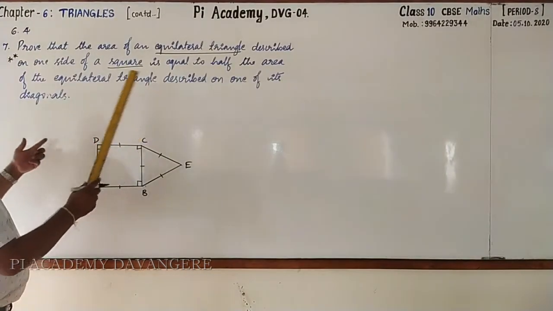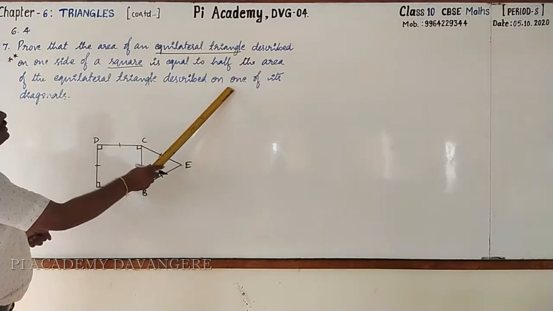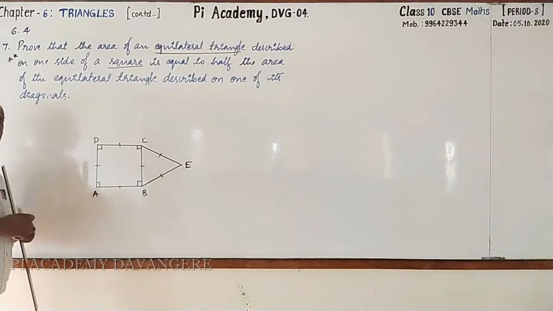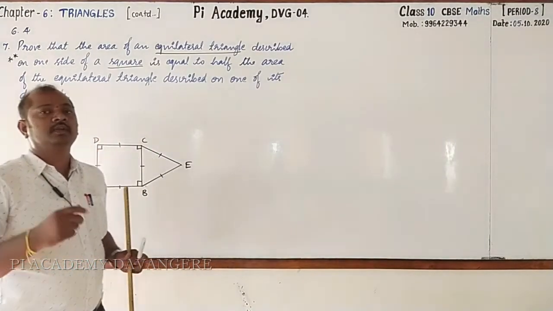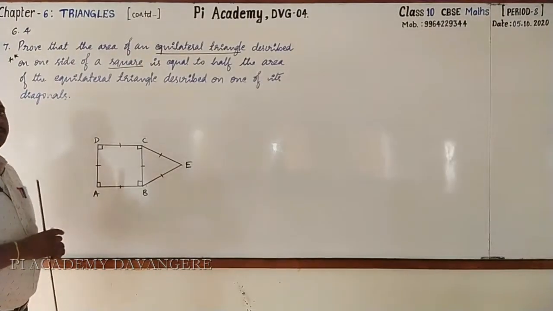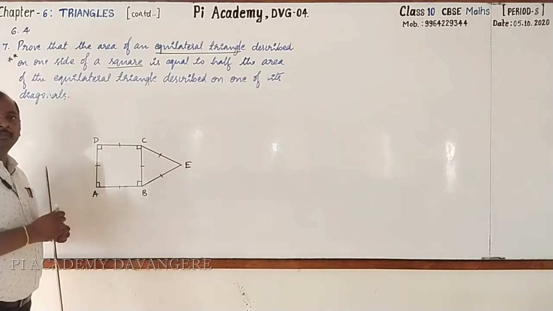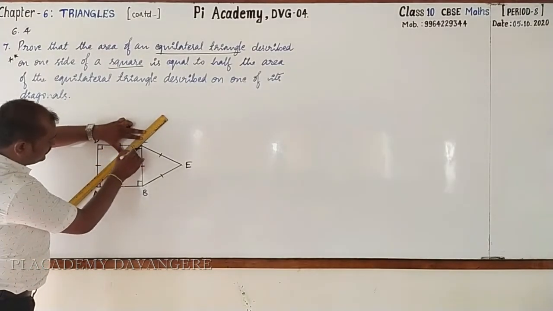Next, that is equal to half of the area of another equilateral triangle described on one of its diagonals. This is a square. Dear students, could you tell how many diagonals can be drawn? Yes, two diagonals can be drawn. What are those? One is AC and another one is BD. Let me take the diagonal AC.